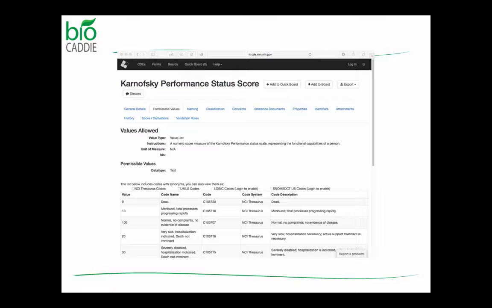Just a bit more information. I'm trying not to get too Monty Python about this definition, to look at what the Karnofsky Performance Status Score is. It's the result of different ways of surveys to measure it, but it comes up with codes that refer to dead, moribund.